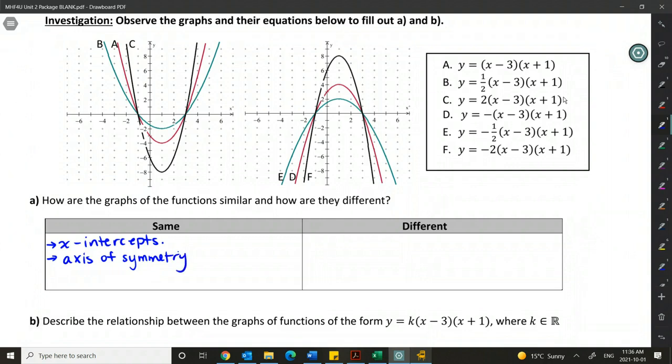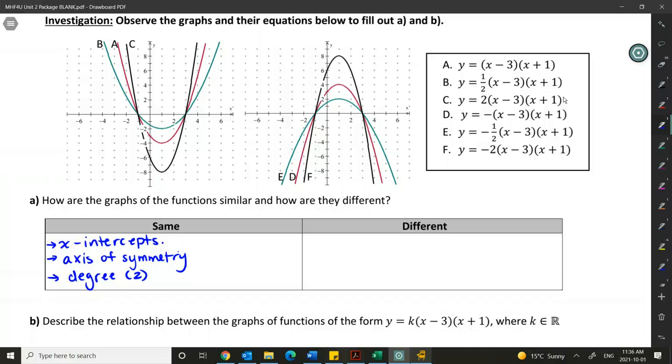Bella? All degree 2. So they have the same degree, which is 2. Michael? Okay. They all also have the same end behavior. I don't mean the end behavior of all of them is the same, but they're all U-shaped.